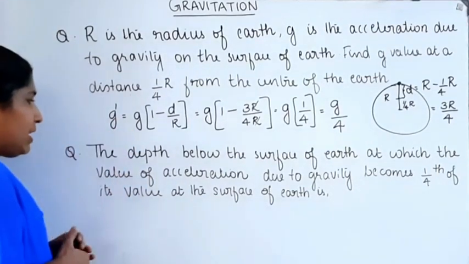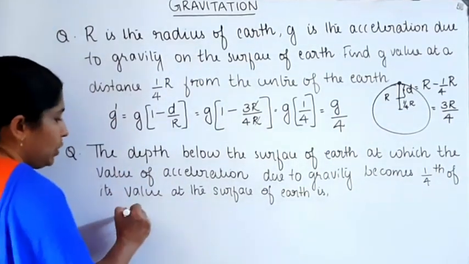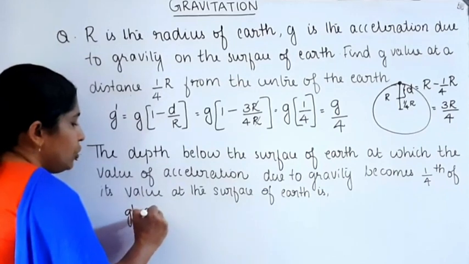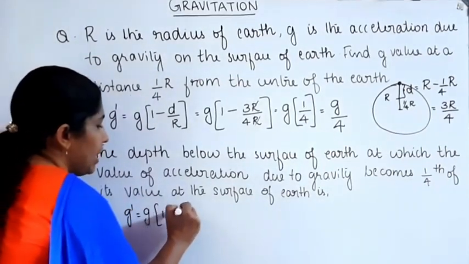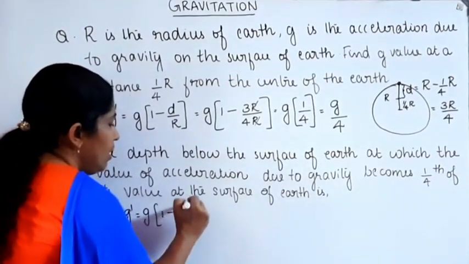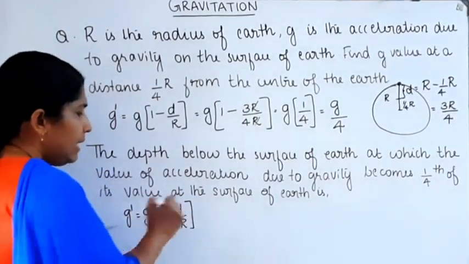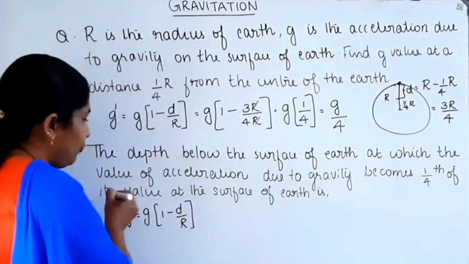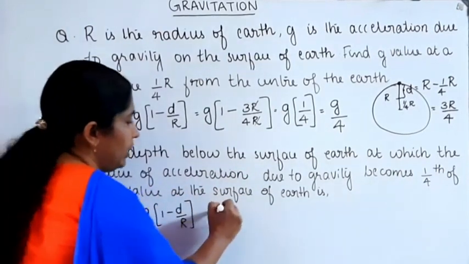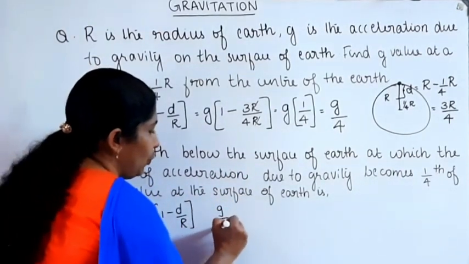The same equation we can use: g dash is equal to g into (1 minus d by R). This is the equation for the acceleration due to gravity at a depth. g dash is given as 1 by 4 its value on the surface of the earth, that is g divided by 4.